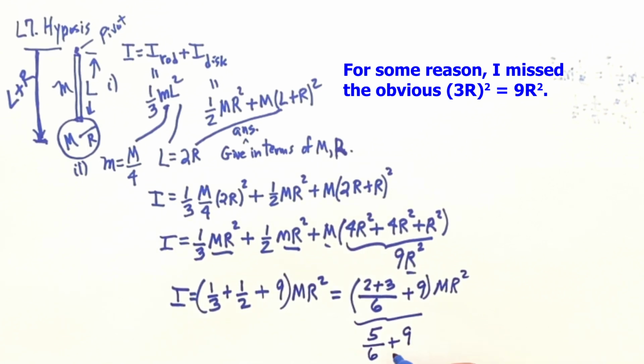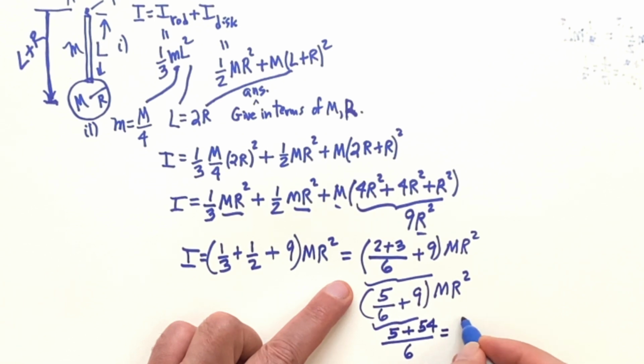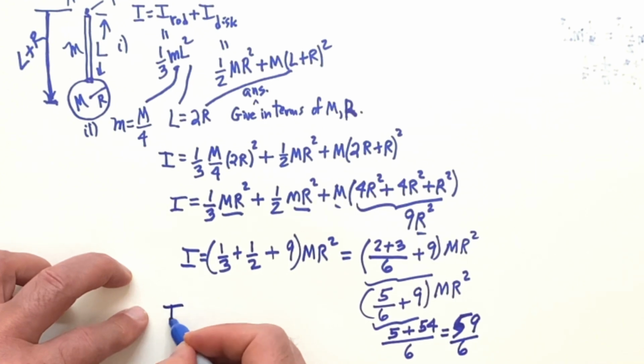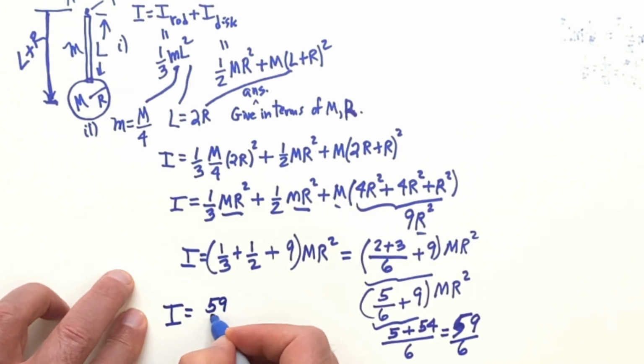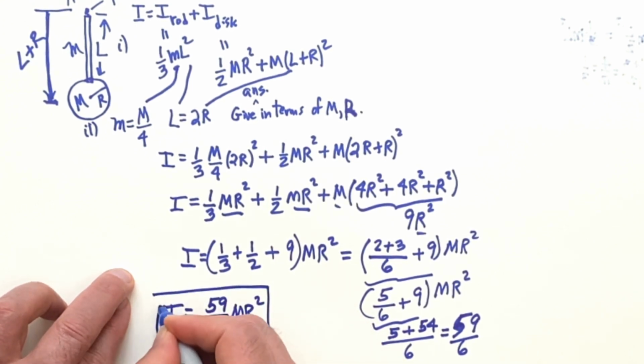That's kind of cool. We're multiplying that by MR squared. Using a common denominator of 6, 5 over 6, and 6 times 9 is 54, that's going to be 59 over 6. So I is equal to 59 over 6 MR squared. A nice result.